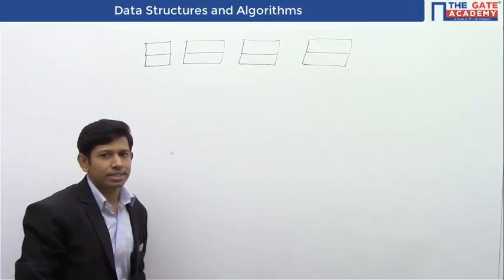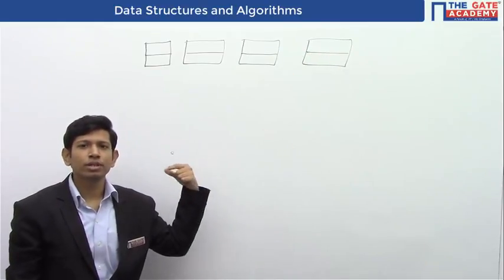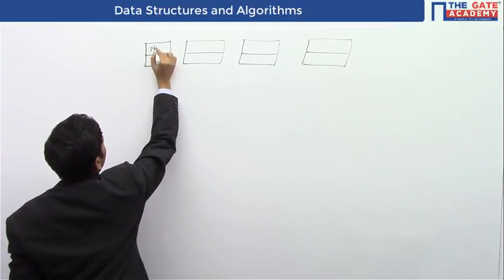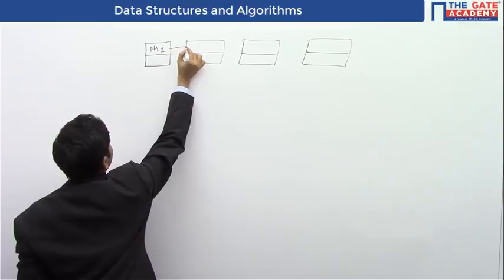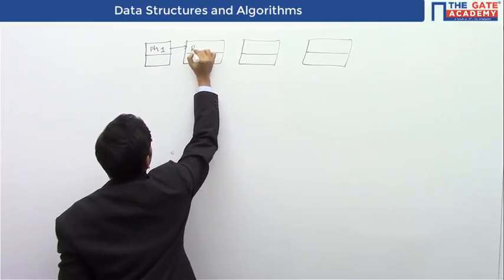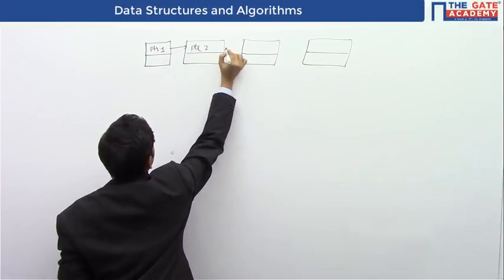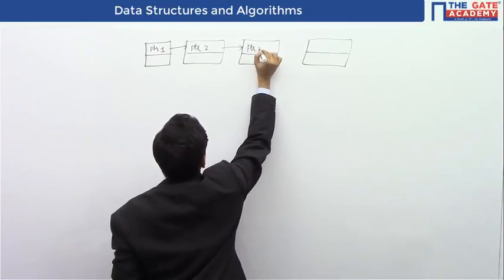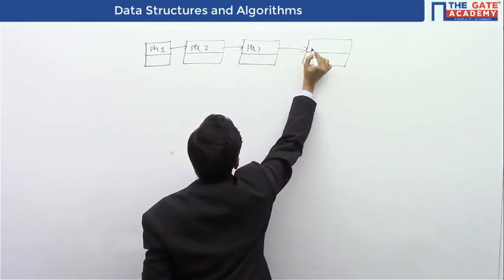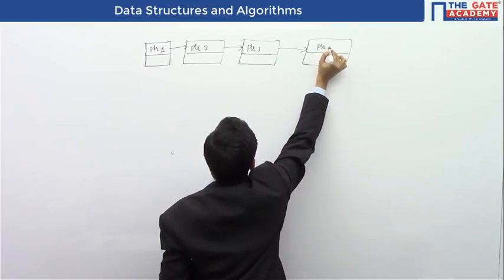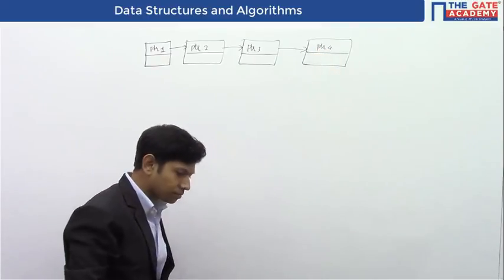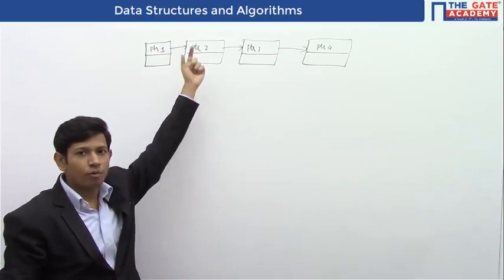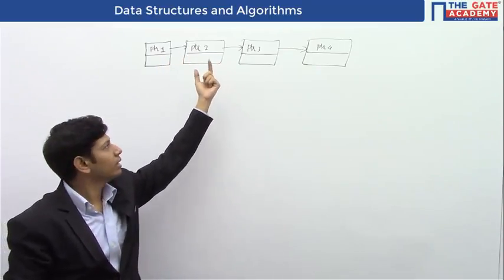And pointer 1 points to the next node. So pointer 1 of all these nodes is pointing to the next node.